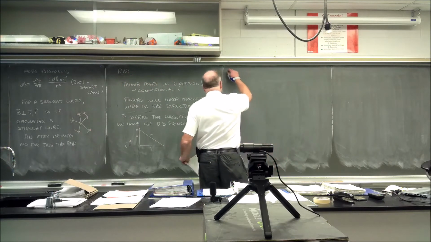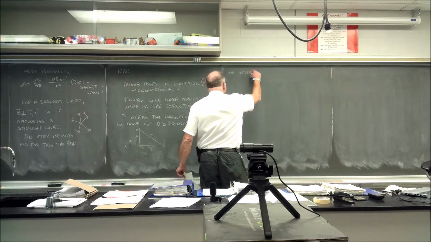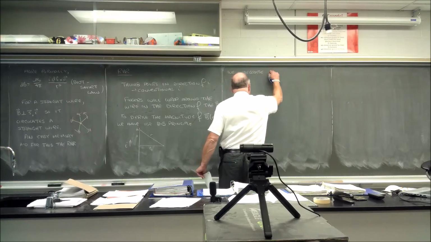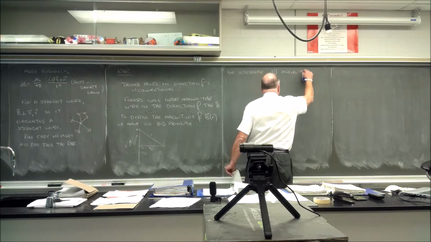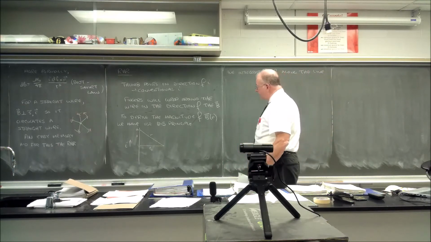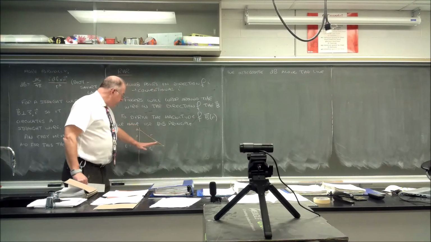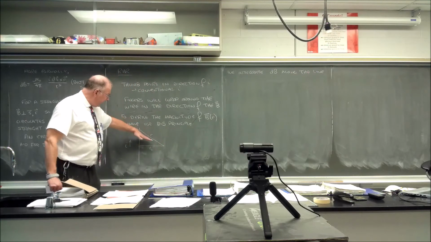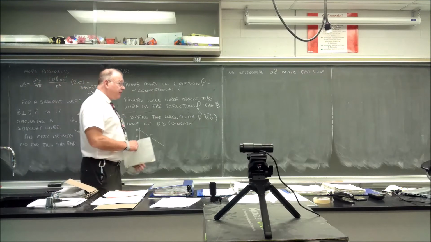So we integrate dB along the line. What you can notice here, of course, is the R, in this case, unless it's perpendicular, is going to be at an angle. So that's going to change this cross product a little bit.